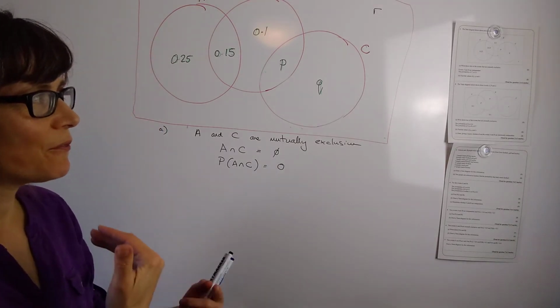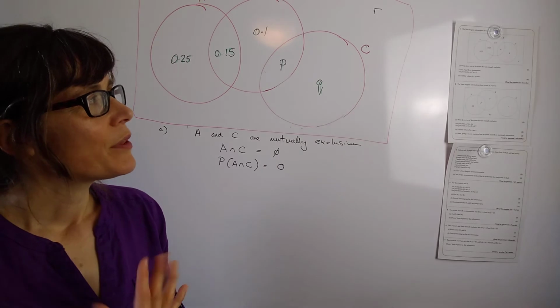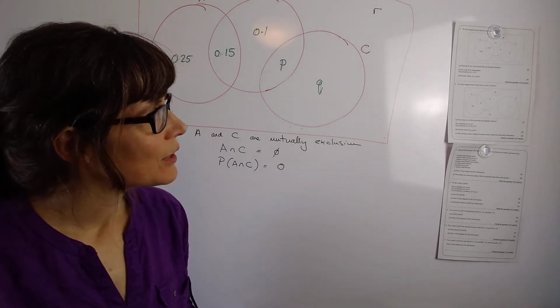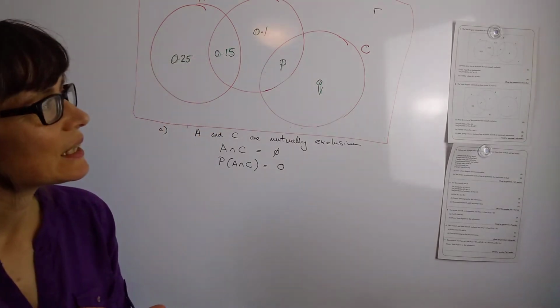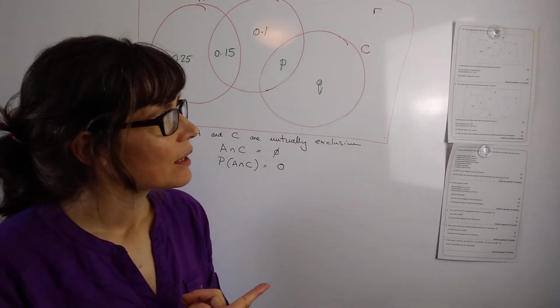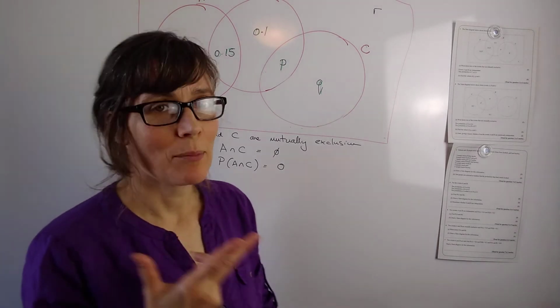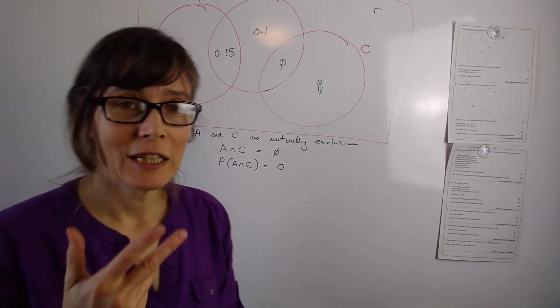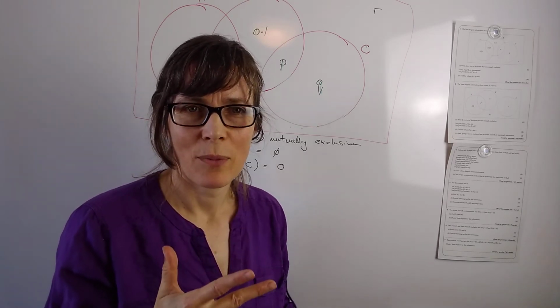Part B, we've got 3 unknowns. And even before we jump into the question, because we're given independence for A and B, and we're given that the probability of C is 0.3, we've actually got 3 unknowns. And in order to find 3 unknowns, you're going to need either 3 equations or 3 pieces of information.